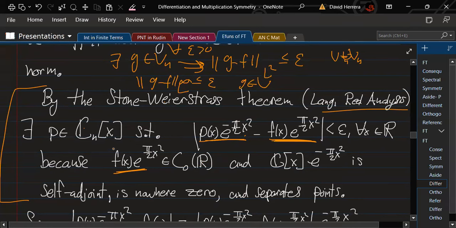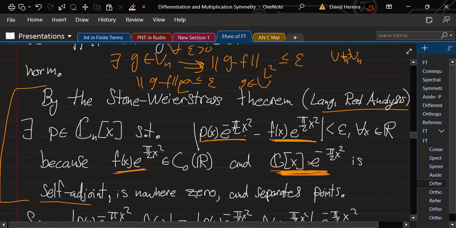f is compactly supported and smooth. So if I multiply by this Gaussian that has this growth at infinity, this is still going to be a compactly supported function. And this right here is going to be my subspace that I'm going to apply Stone-Weierstrass to: polynomials times a Gaussian, but not the Gaussian that I like. It's the Gaussian with pi over 2. Now this subspace is self-adjoint, because if you conjugate both sides, complex numbers give complex numbers.